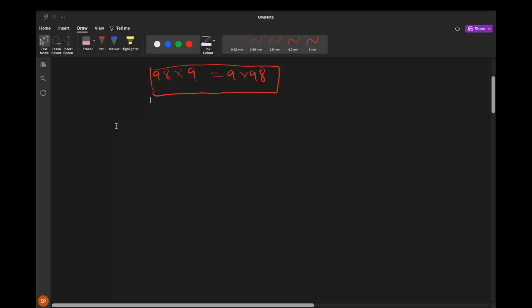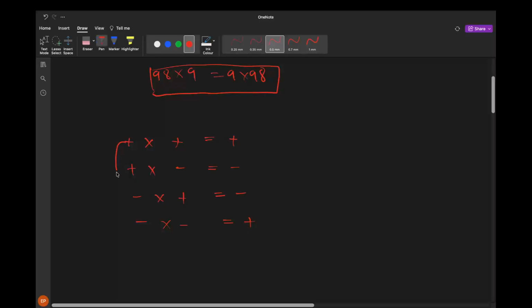Now comes multiplying numbers with signs. There are four sign combinations: plus into plus, plus into minus, minus into plus, and minus into minus. I will tell a simple trick. Plus into plus is plus, plus into minus is minus, minus into plus is minus, minus into minus is plus.